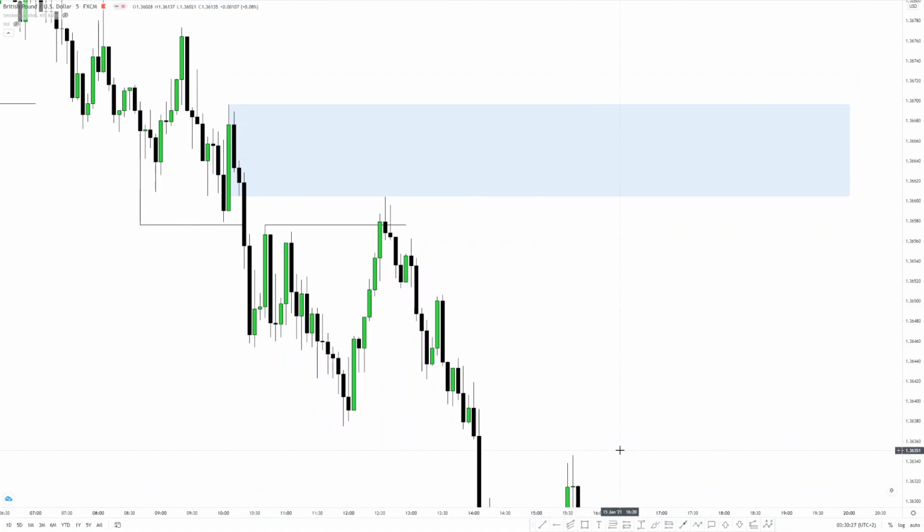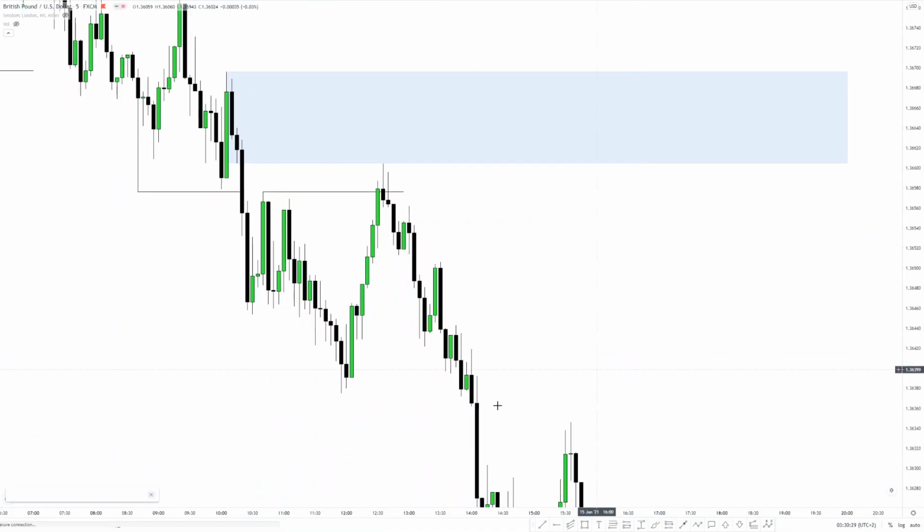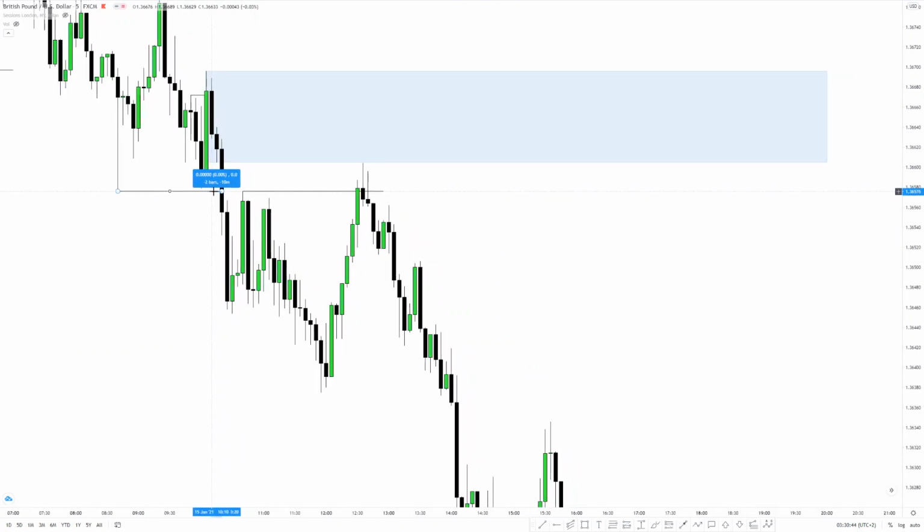But this is what I'm seeing now. I'm seeing this high right here, it was taken out, and then also we broke below this low.